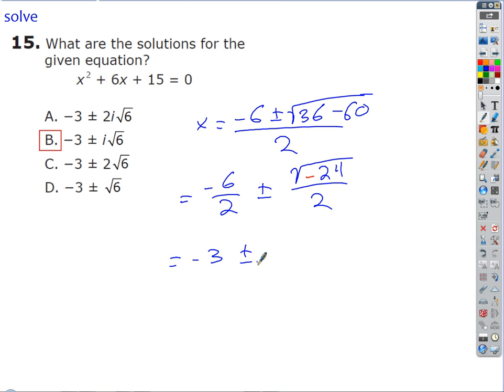What's that going to become? The negative is going to become an i, isn't it? What about the 24? Is there a perfect square factor of 24? 4. Good. I could break that up into plus or minus the square root of 4 times the square root of 6 over 2, and then the negative becomes an i, right?